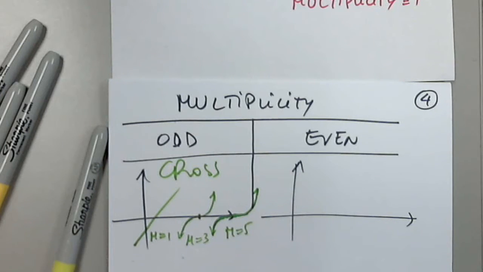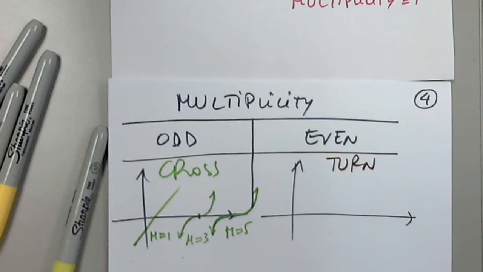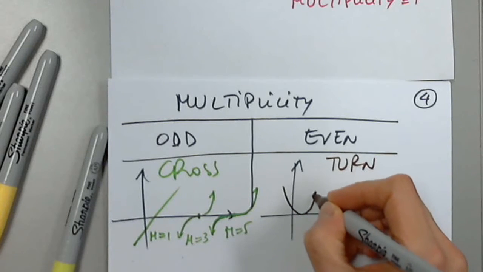Okay. Let's talk about even multiplicity. Do we know a function that has 2 solutions in one spot? Exactly. So every time the multiplicity is an even number, that would be a turn, not a cross. It will not cross the x-axis, but it will turn. This is multiplicity what?